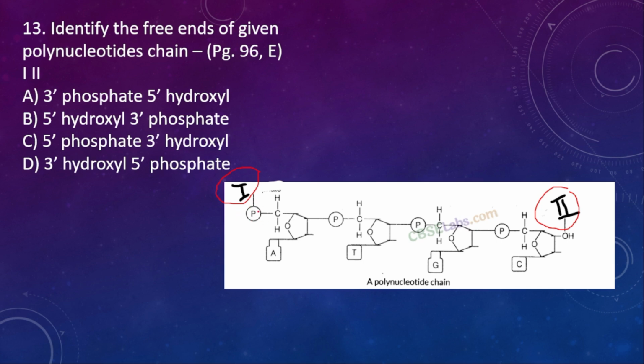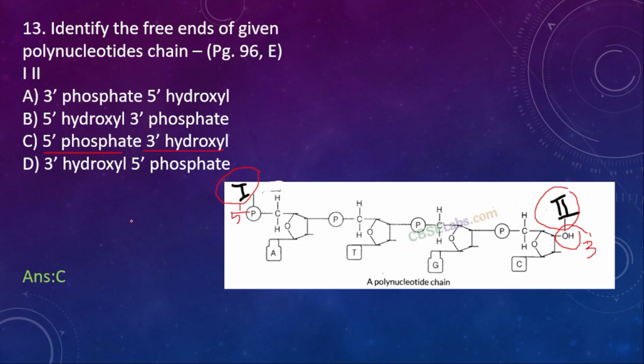If phosphate is free, then it will be called 5'. If OH is free, meaning nothing is joined here, that end is said to be what? 3' end. So 1 is the 5' phosphate end, and 3' is the hydroxyl end.